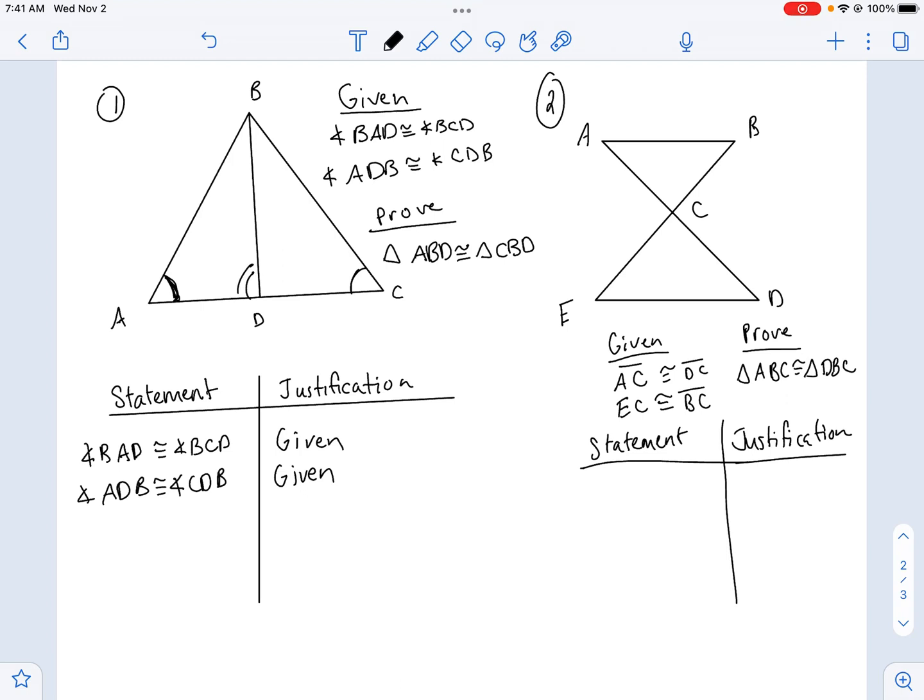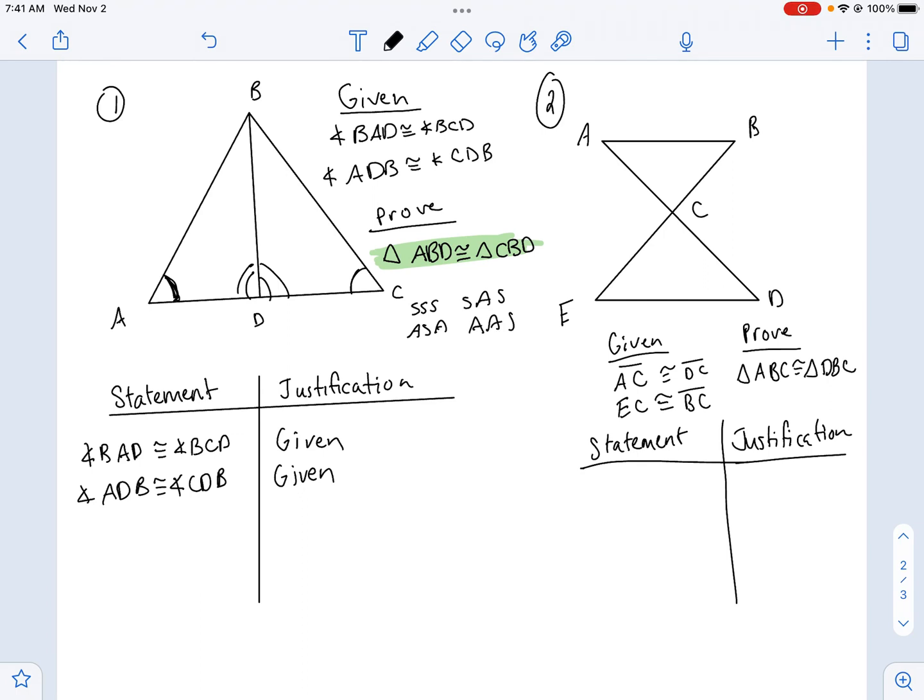ADB, it's our second angle. CDB, second angle. Okay. And ultimately, what I want to do is prove this triangle, so I'm trying to use either side, side, side, side, angle, side, or angle, angle, side.